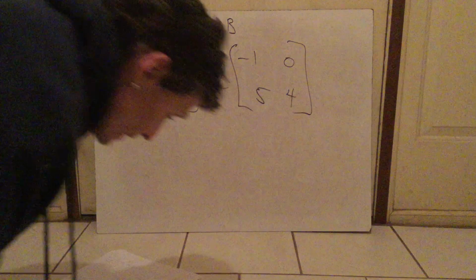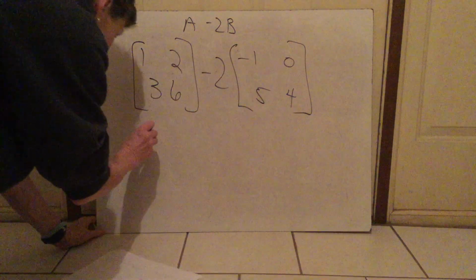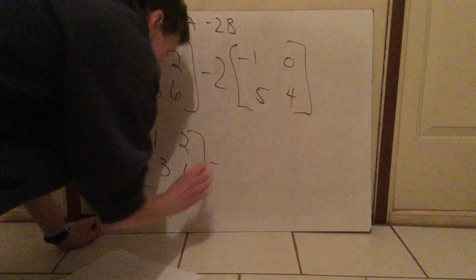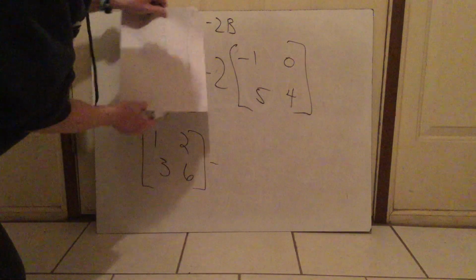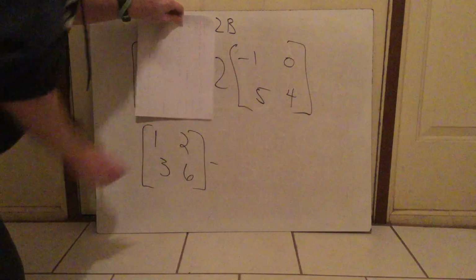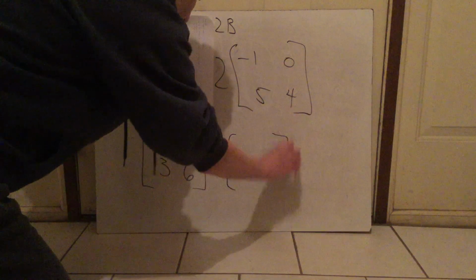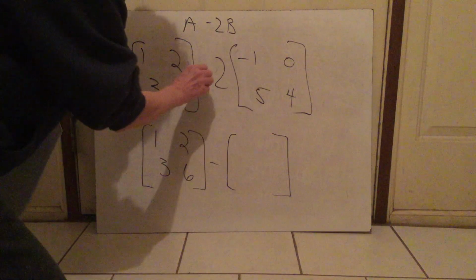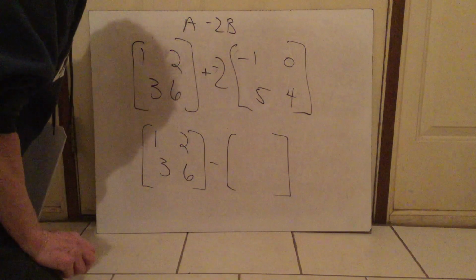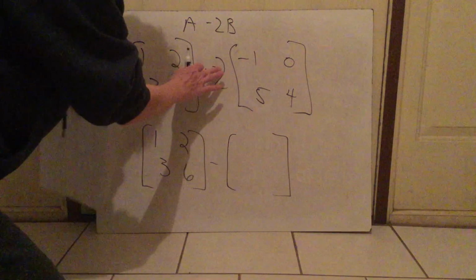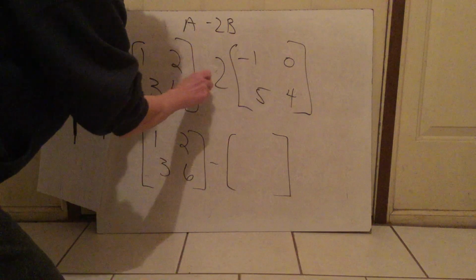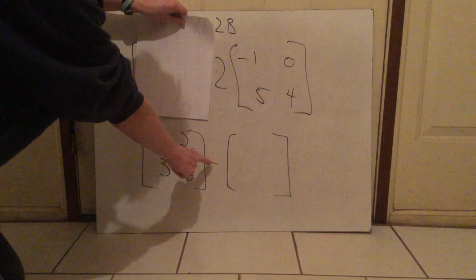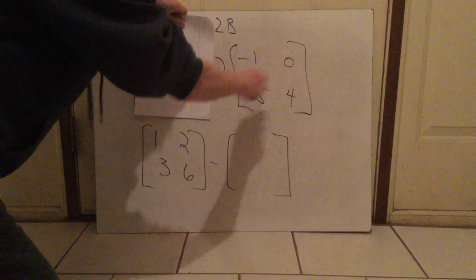If you're going to keep it a subtraction, then you are distributing the 2 because you kept the minus sign. If you want to change this to plus a negative, you can absolutely do that too. I'm not going to, but you can do that. I am choosing to keep it as a subtraction, so I'm going to multiply everything by 2.